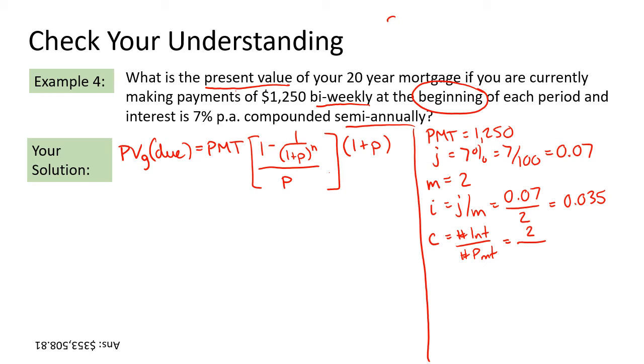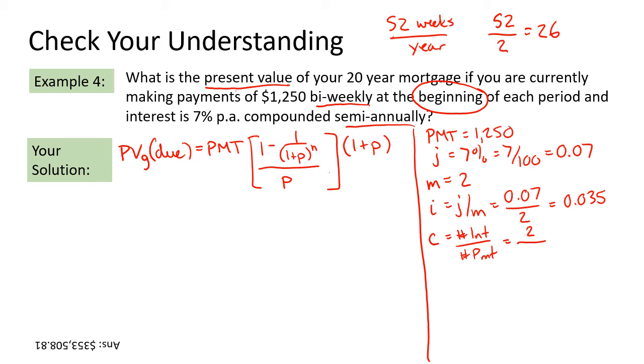There's 52 weeks in a year, and bi-weekly means you're paying every second week. So there's 1 week that goes by that you don't pay, the next week you pay. So you take 52 and divide it by 2, because you're only paying every second week. That gives you a total number of payment periods of 26.